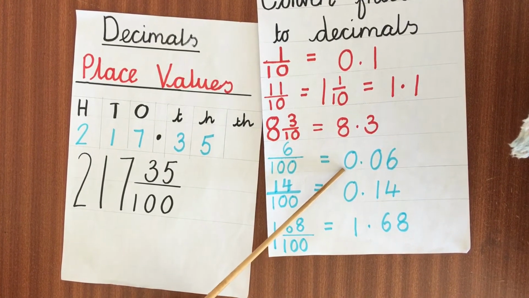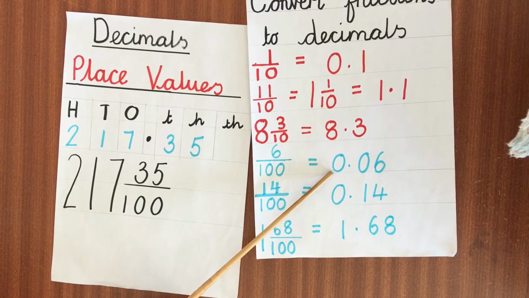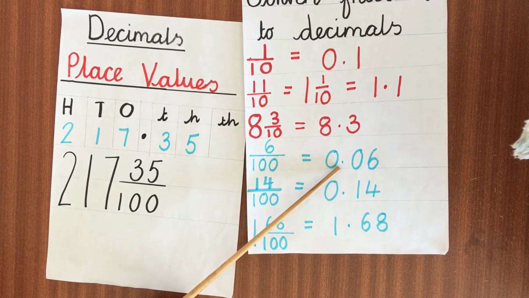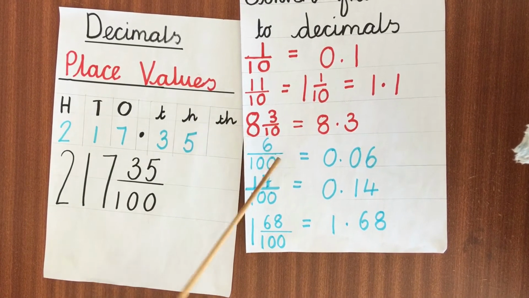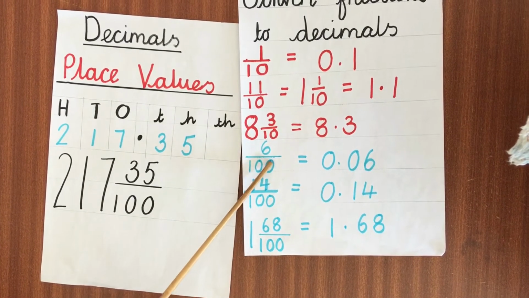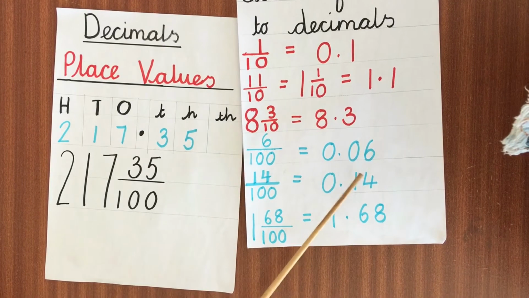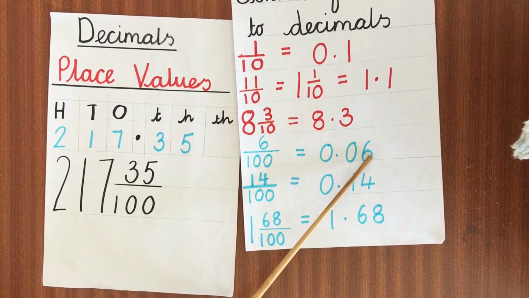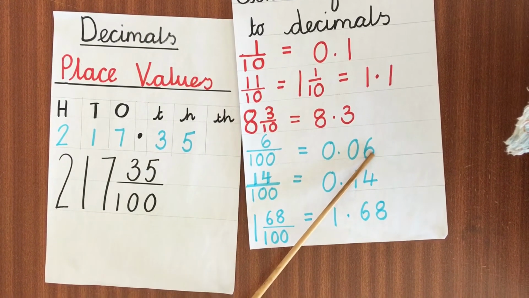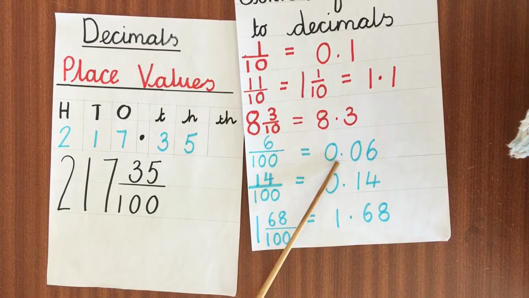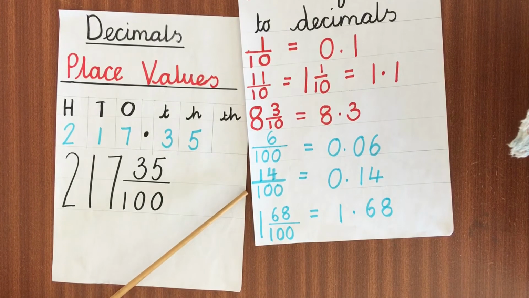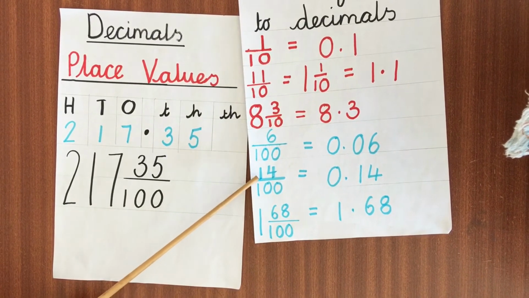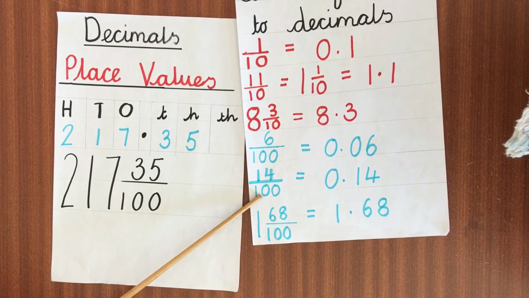There are no whole numbers, that's why there's the 0. Then comes the decimal point. We don't have any tenth because it is 6 hundredths. So the last number should be in the hundredths value, meaning the answer is 0.06.